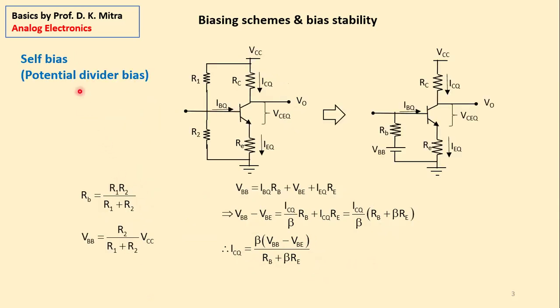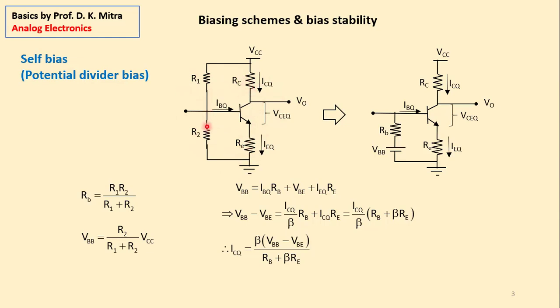Next is self bias or potential divider bias. Here, you will note that this is the most common configuration of transistor biasing. In fact, in more than 90% of cases, the transistor is biased in this fashion because this technique has some special benefits.